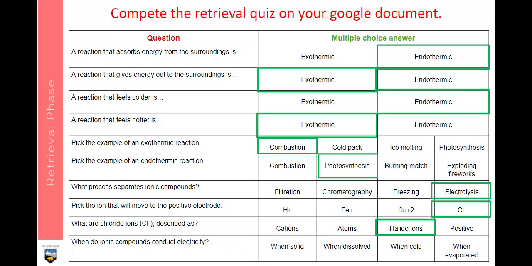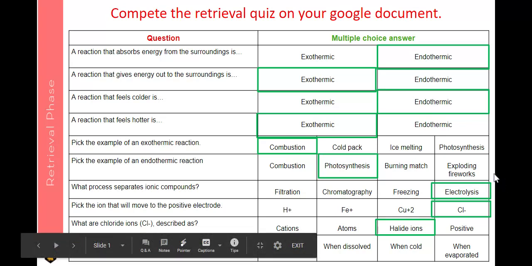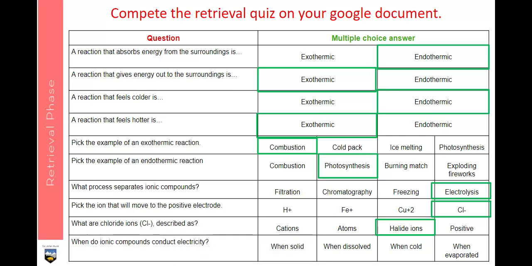And when do ionic compounds conduct electricity? When dissolved. So at the end of your retrieval quiz on your student worksheet, can you give yourself a mark, a score out of 10, please? So it would say retrieval score equals ... out of 10. Can you fill in the score that you got?